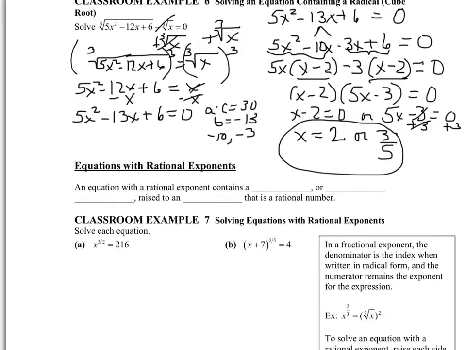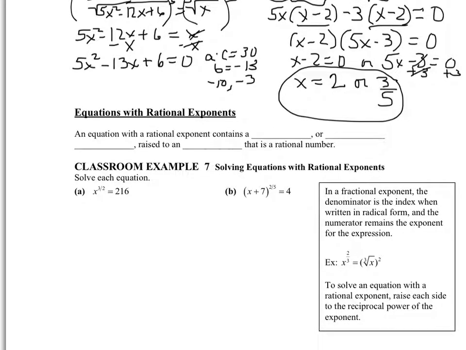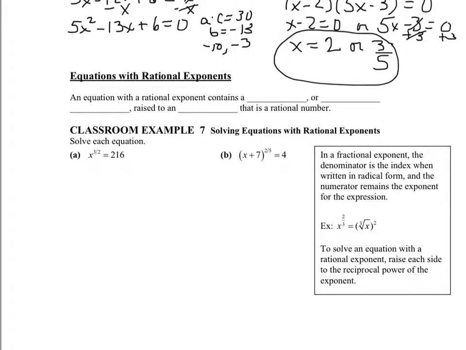So let's move on to rational exponents. This is the last thing we'll cover, and then we'll be ready for our Chapter 1 test after we do our review. If we have an equation with a rational exponent that contains a variable or a variable expression as our base, then it will be raised to an exponent that is a rational number.